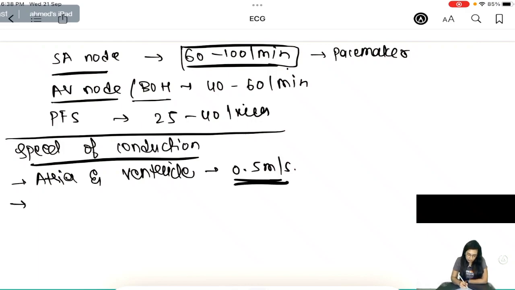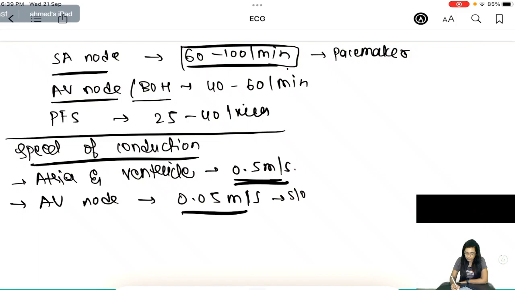Okay, through the AV node it is 0.05 meter per second. This is the slowest one. Okay, so this is called AV nodal delay. This delay is important to let the atria contract. So first of all atria will depolarize, then the impulse will go into the AV node. So AV node has this delay.